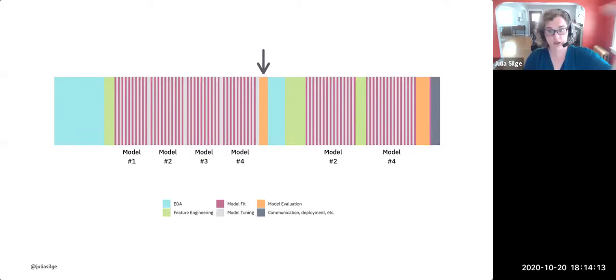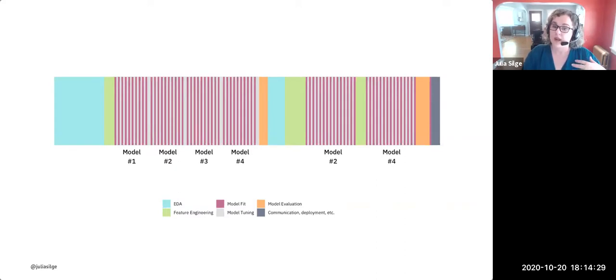So we've gone through the process here of starting, doing EDA, getting through to model evaluation. But the process is not done there, because this process is iterative. We go back to some of these stages again.